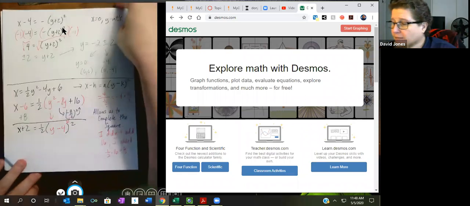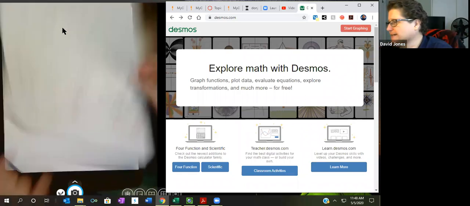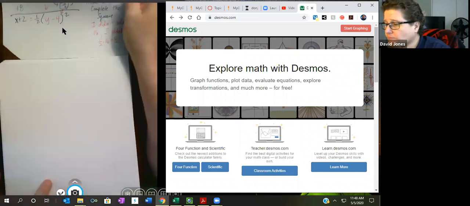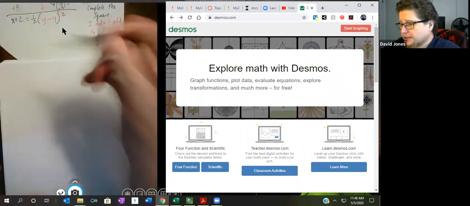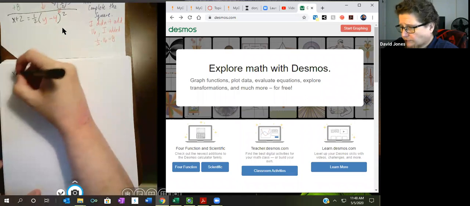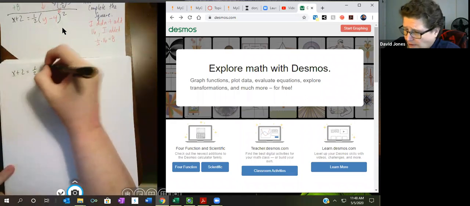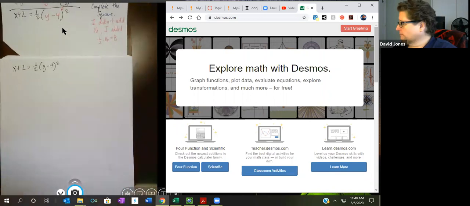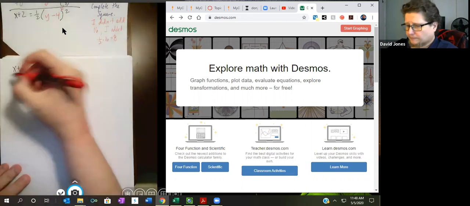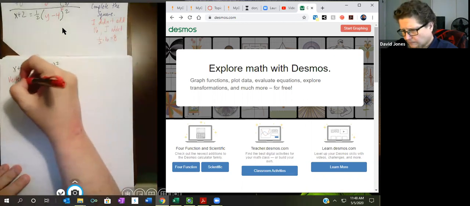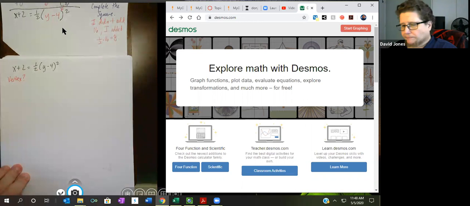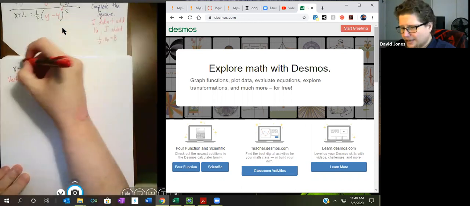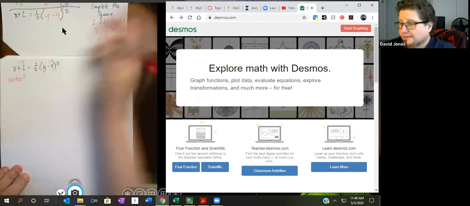Okay. Let's take a look at graphing it and discuss some other things. So let me rewrite the equation. First off, what's my vertex? Remember, this is -h and this is -k.